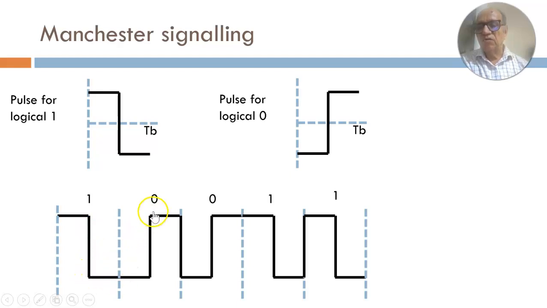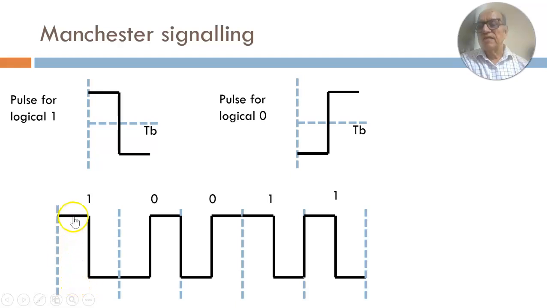Next you want to transmit 0. So this remains 0 and then there is an edge in the positive direction and it remains 1. Now the next is 0. So this will come down to 0 first, that is the lower level first, remain at the lower level, and then there's the upward transition. So that is your 0. So it is the edge that is essentially deciding whether 1 was transmitted or 0 was transmitted.